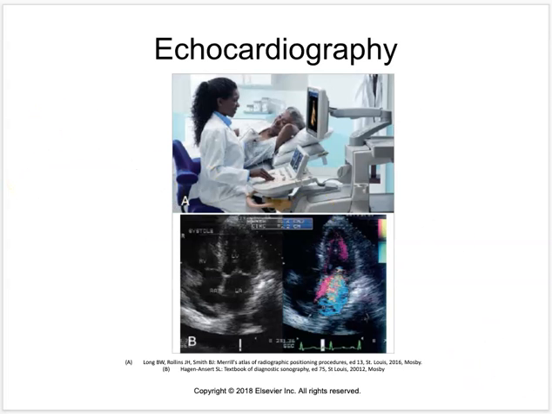Here we are looking at an example of echocardiography. So on our slide here, picture A is showing you the process of an echocardiogram being taken, that ultrasound of the heart, and then B is showing you an image that can be created in an echocardiogram.